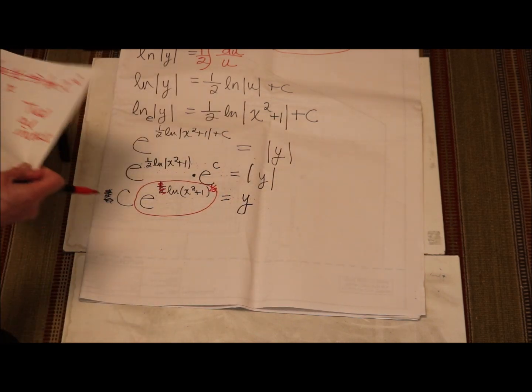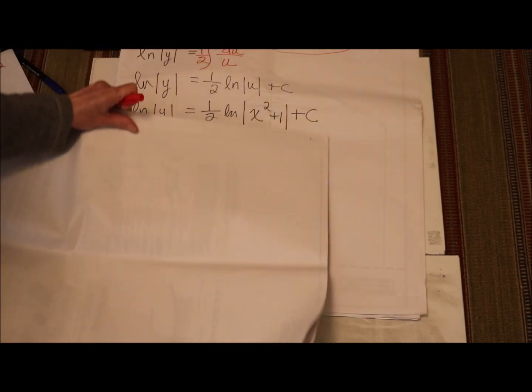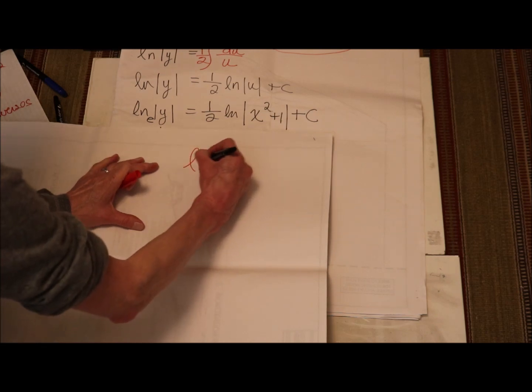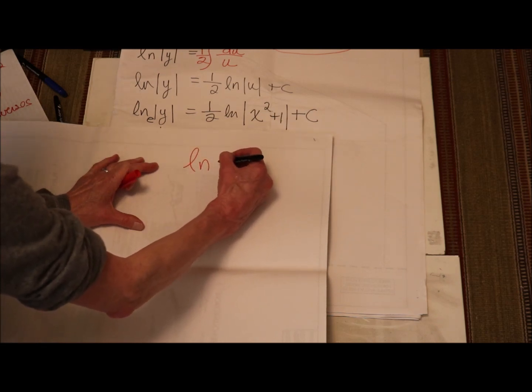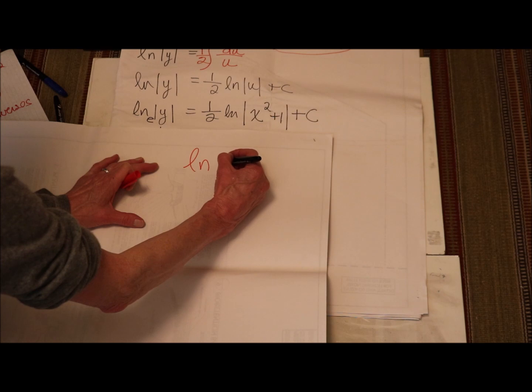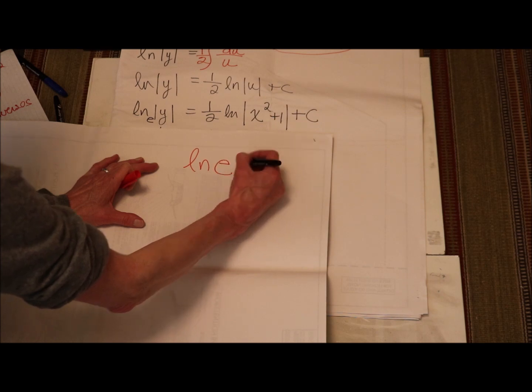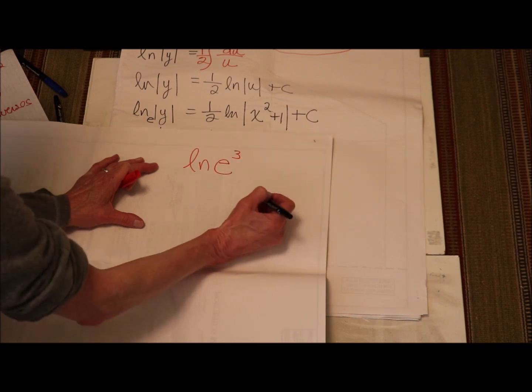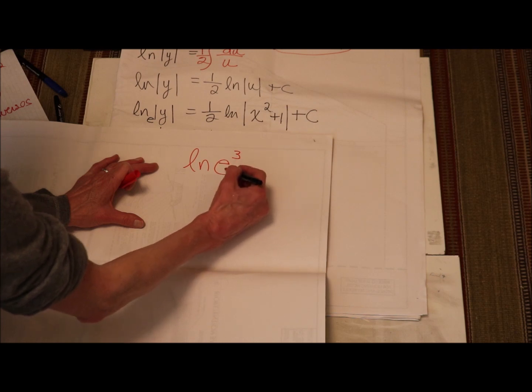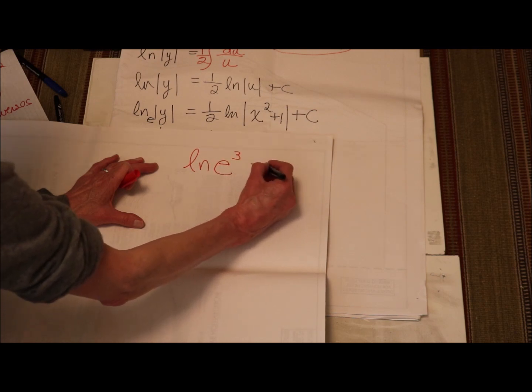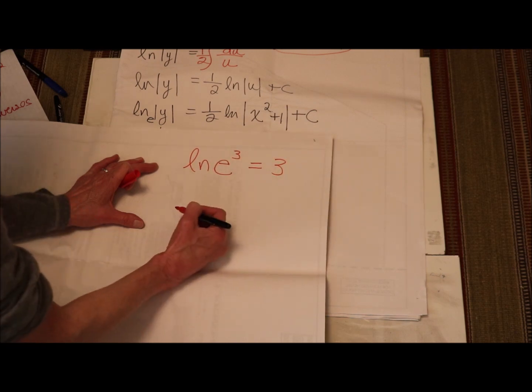So for that reason, if I put natural log of e to the 3, well, e to the 3 is undone by the natural log, and so that gives me a 3. They undo each other.